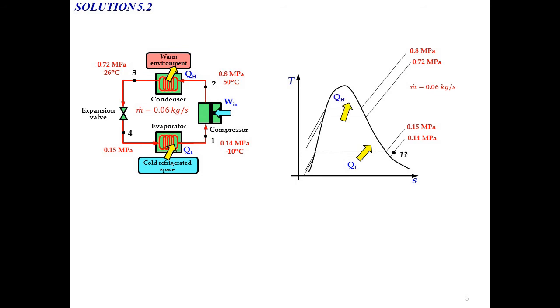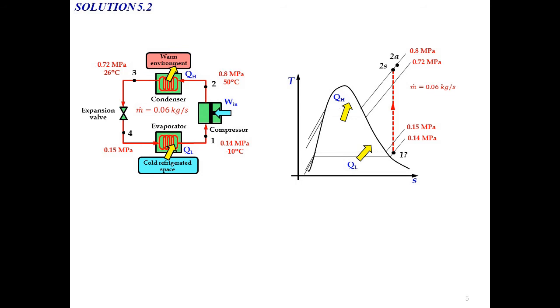QH. For state number 1, we still do not know the exact phase, so we need to check. After we get the phase of state number 1, we just draw the vertical line and intersect with 0.8 megapascal. We'll get the point for state number 2s for the isentropic process.